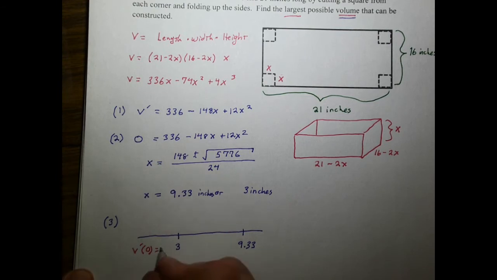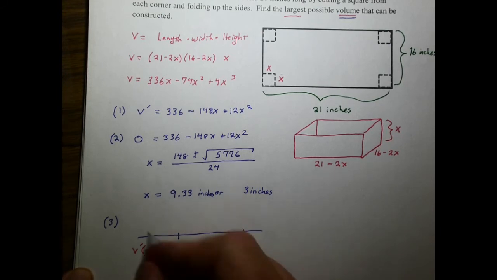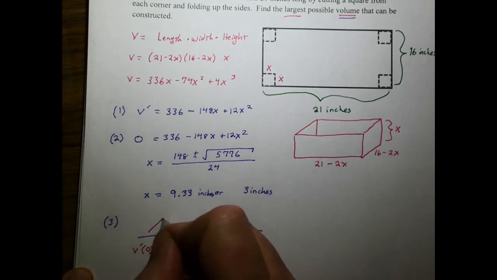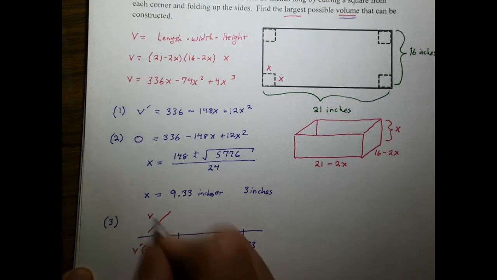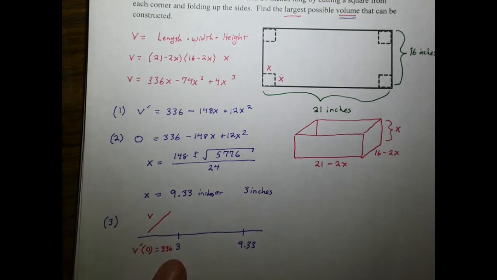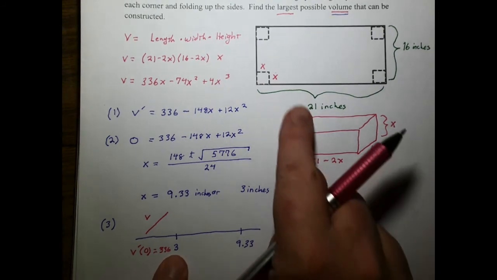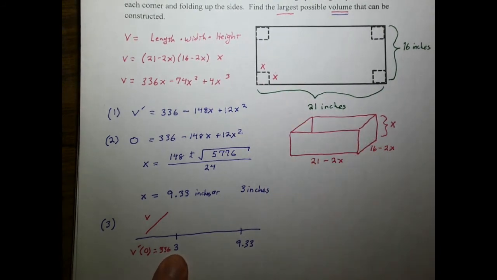And if you do that, we get 336, which is a positive number, which means the volume is increasing. So it looks like 3 might be the cutout that gives us a maximum. We need to test something in between 3 and 9.33. I'll test 5.